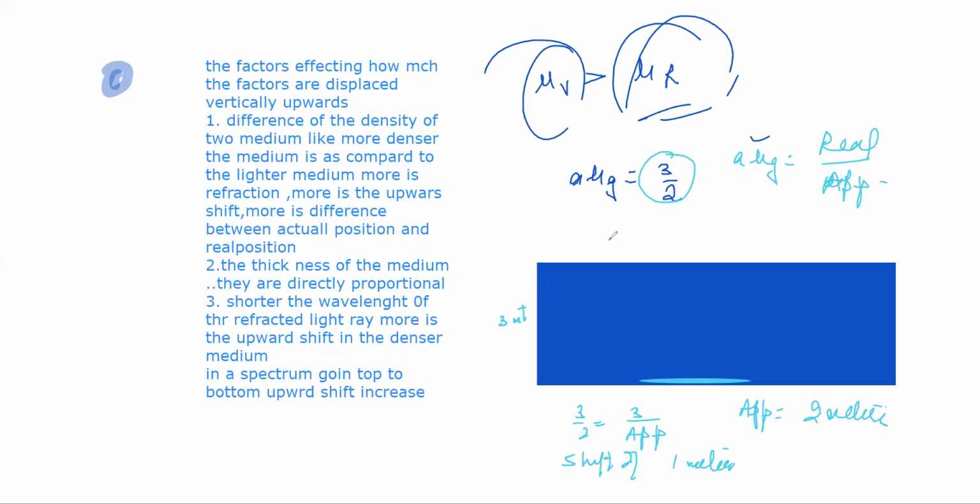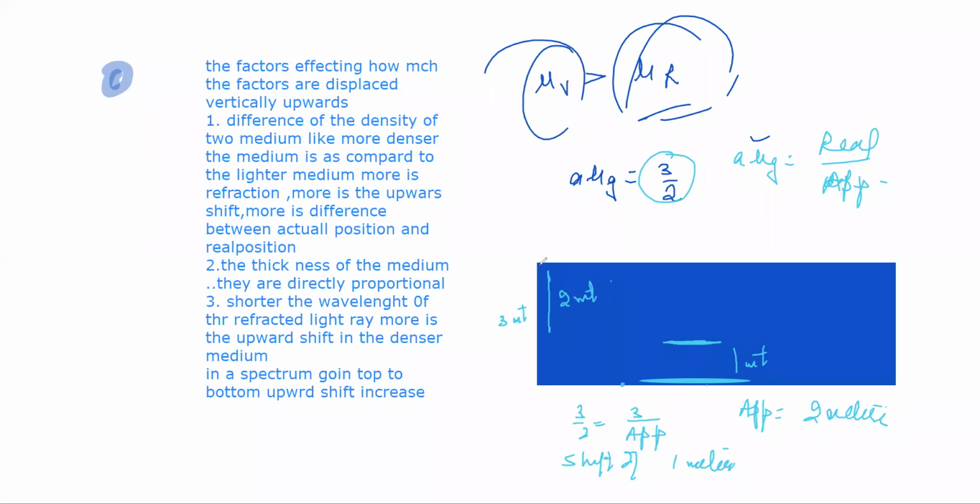You see what is happening. If I'm observing a glass block, the base of the glass block will be observed 1 meter above the base position, isn't it? This is only 2 meters.